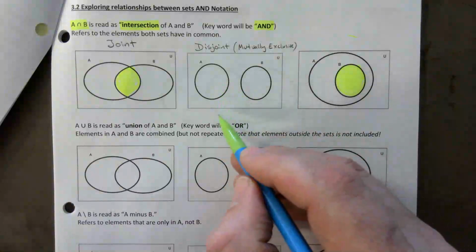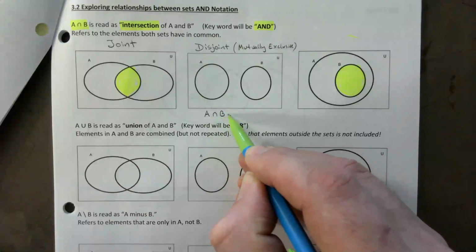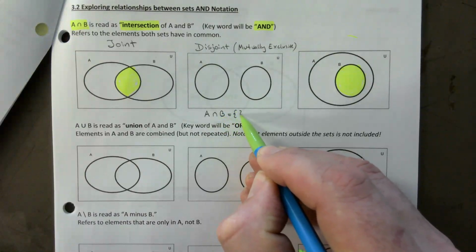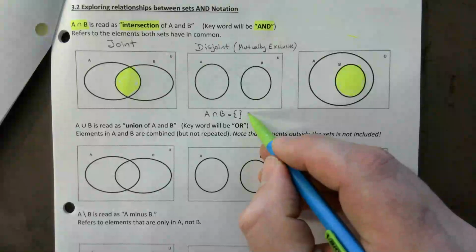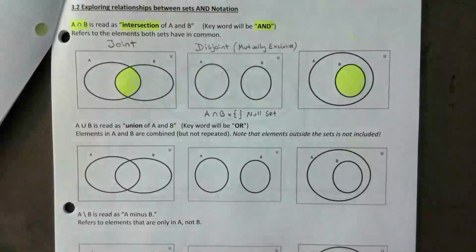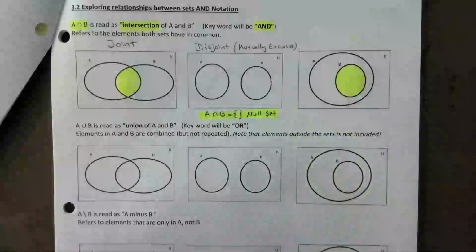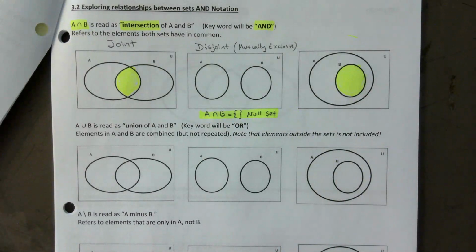Underneath the middle, I will just say that A ∩ B is like this. It's the null set. There's nothing in there. And so I will highlight underneath so you can see why there is nothing highlighted. It's because there is nothing that they share. So there is no and. Okay.